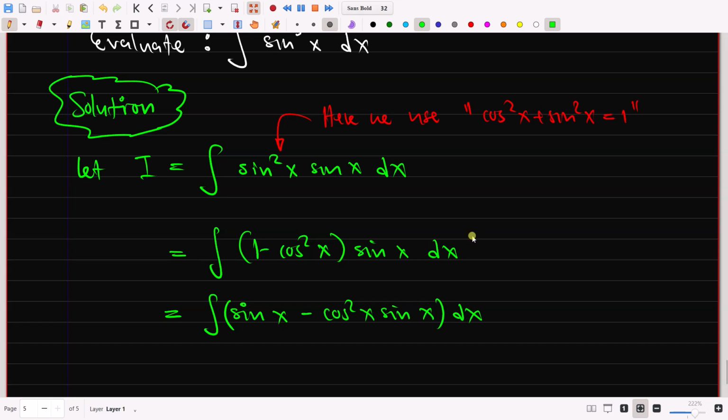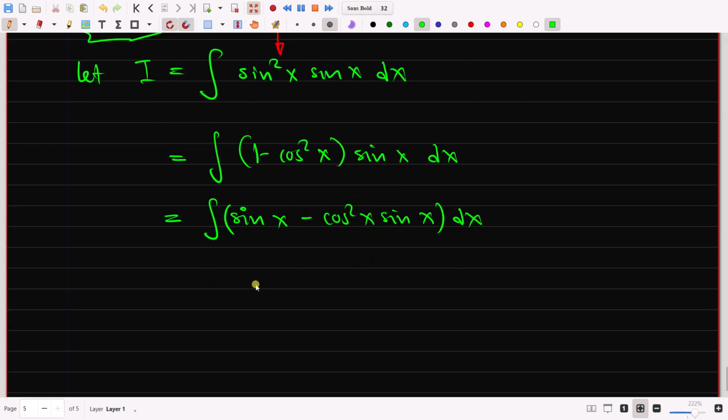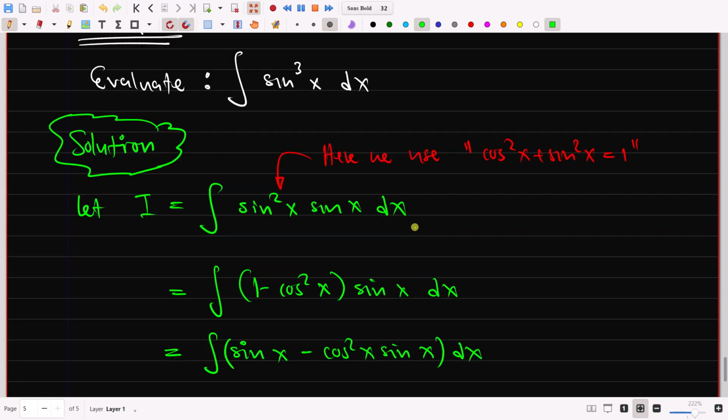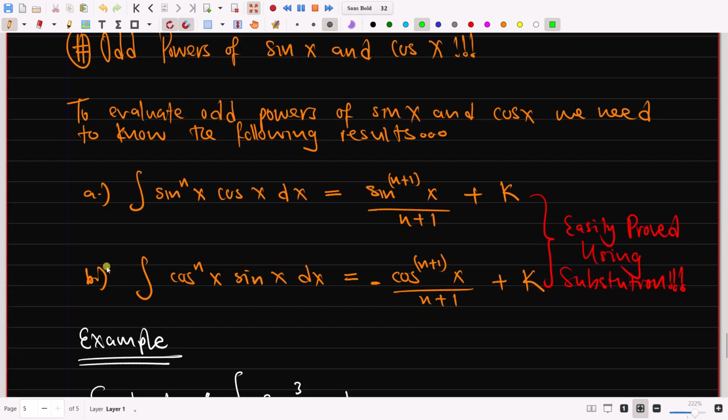You have a product of a power of a cos and a sine, and if you look here, you have a product of a power of a cos and a sine. So we're going to make use of this result to perform this integral. We know that we're going to have a negative coming, which is going to cancel that one. So we're going to have 1/3 cos cubed x, plus k. That finishes up the problem.